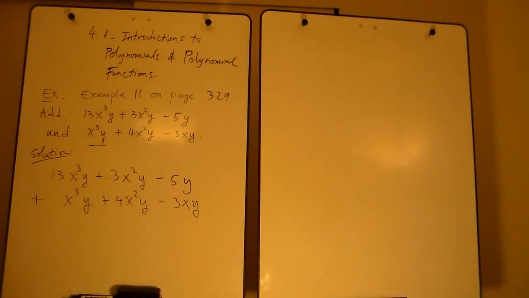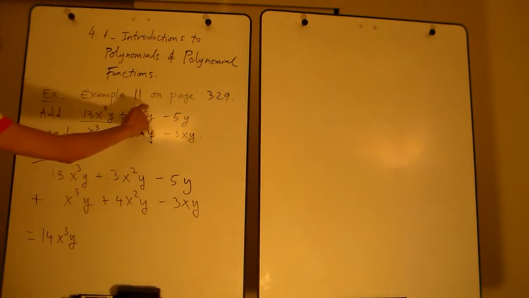Alright, let's see. Like we talked earlier, this term and this term can be combined, right? 13 plus 1 is what? 14. So you would have 14x to the third power y. Okay, so we're done with this term and this term. Let's see the remaining 4 terms. x squared y.